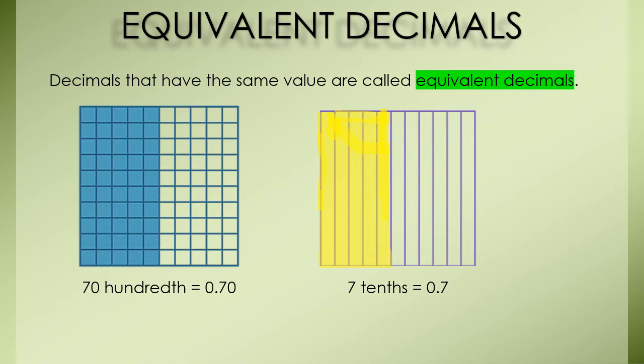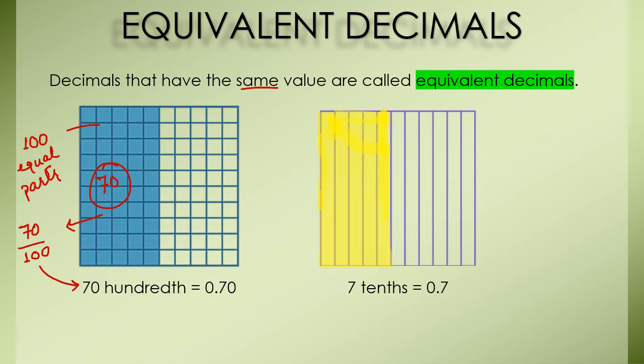Decimals that have the same value are called equivalent decimals. Take one whole and divide it into 100 equal parts. Take 70 parts out of 100. So it will form a fraction 70 upon 100, which we name 70 hundredths.